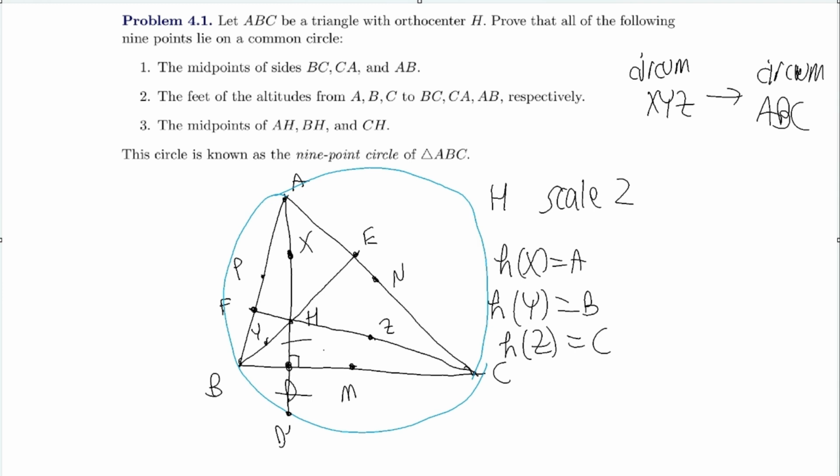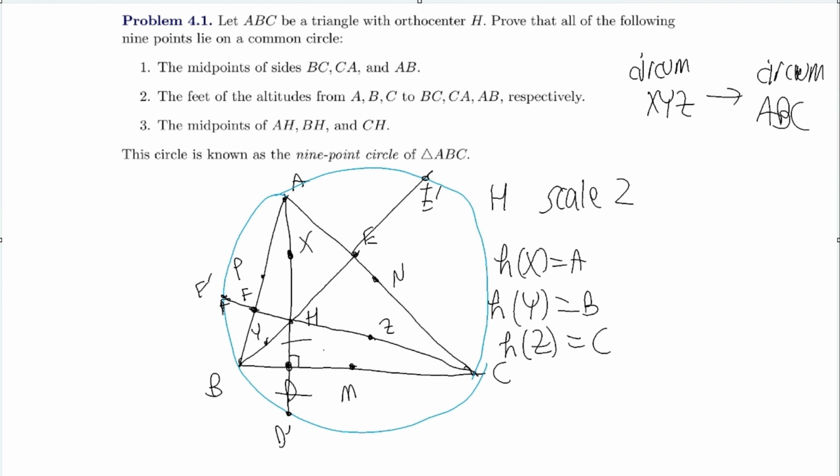But I hope this is familiar from the first video or the second video. This is just the reflecting the orthocenter lemma, which I asked you to prove in the exercises of the first video, or I also proved in the second video. And that means that D prime lies on the circumcircle. So do these other points E prime and F prime here.